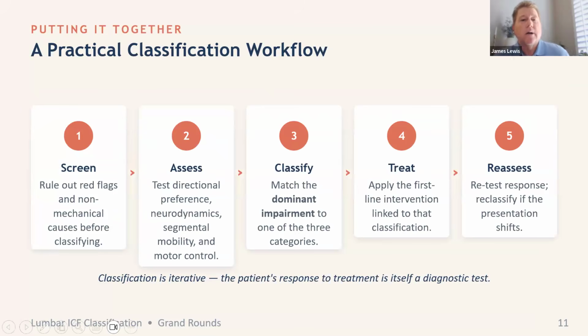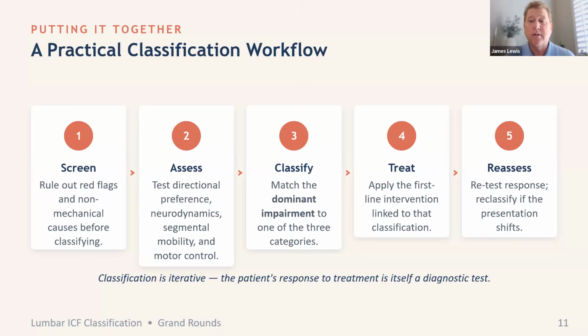So practically, what are you going to do? How are you going to use this information tomorrow in the clinic? Obviously, you're going to do your subjective interview, screen out for red flags. We're then going to look for these exam pieces that help us understand: do they have a directional preference? Are they showing us some positive neurodynamic problems with slump test or leg raise and so forth?